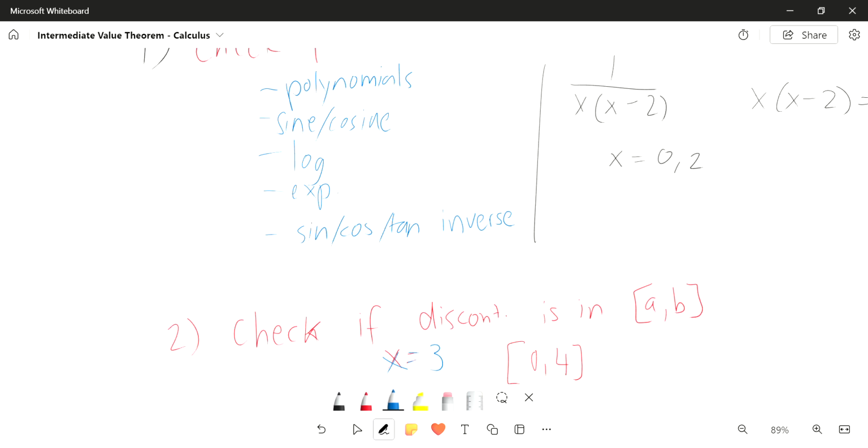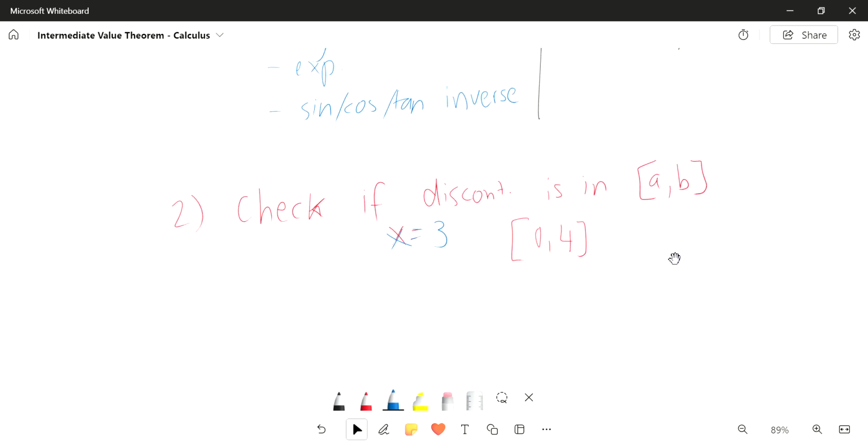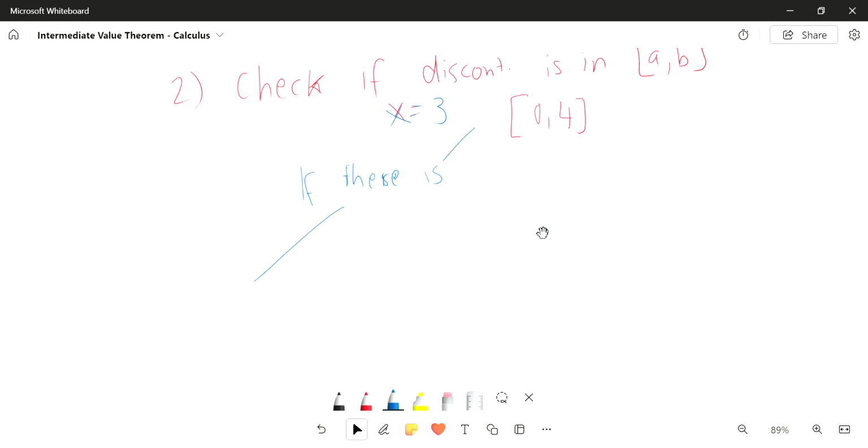Since 3 is between 0 and 4, that means there is a discontinuity in this interval. And since there's a discontinuity in this interval, the IVT doesn't apply, so you can just end right there. If there isn't, it works.